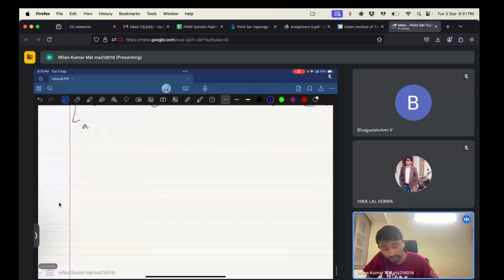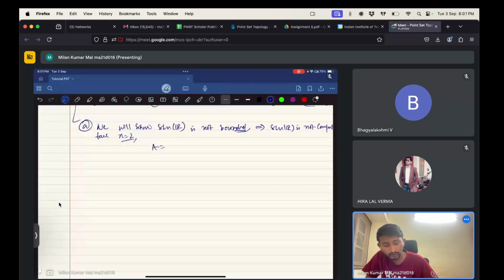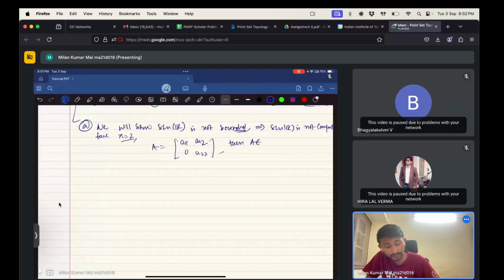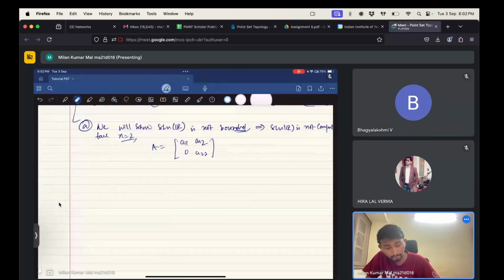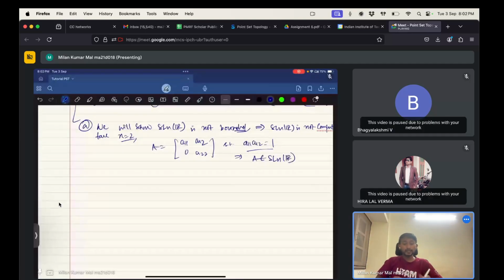How will I show that? Take n equals 2, and take an element A, which is a11, a12, a21, a22, such that the determinant is 1. Then A is contained in SLnR, where SLnR means all those elements for which the determinant is 1.